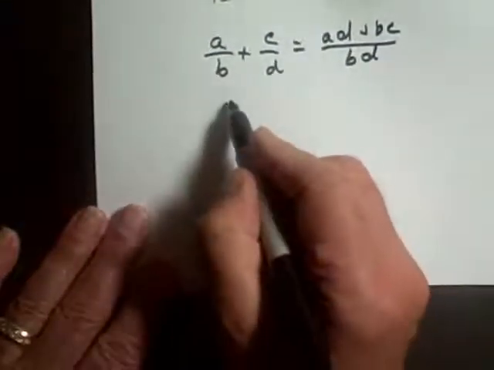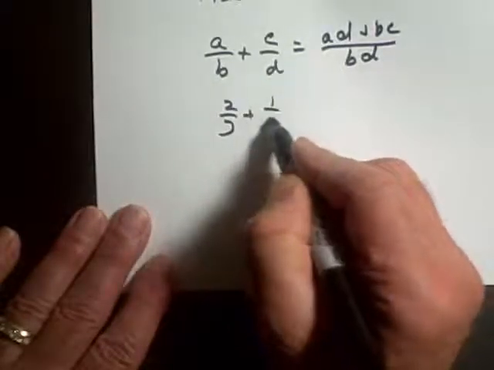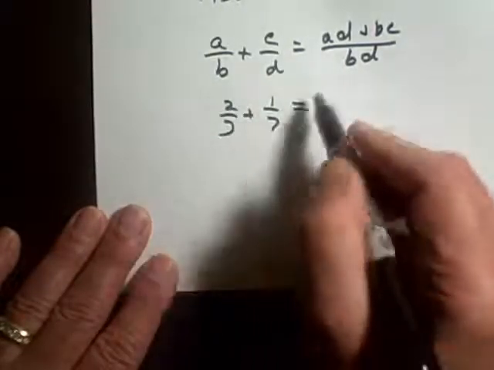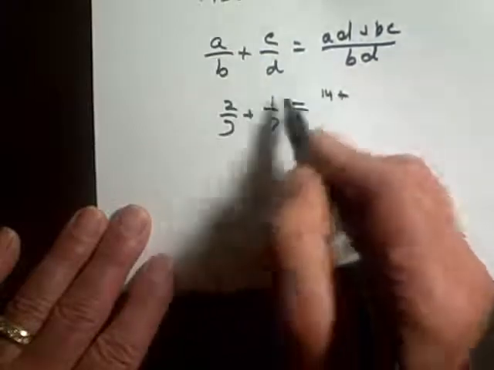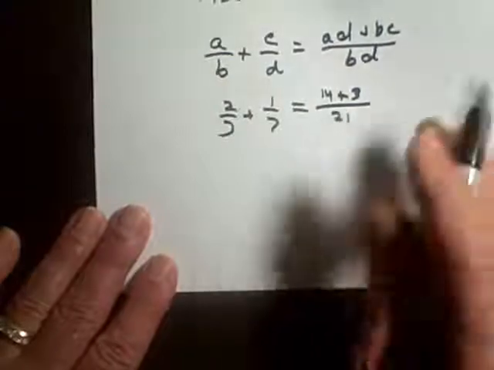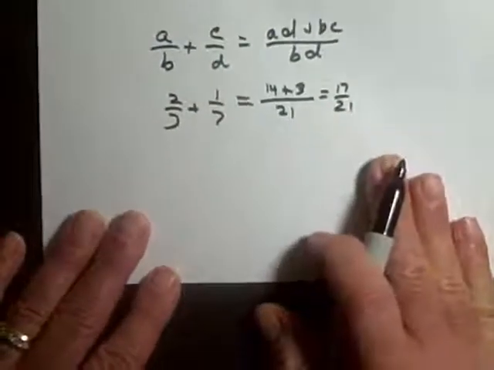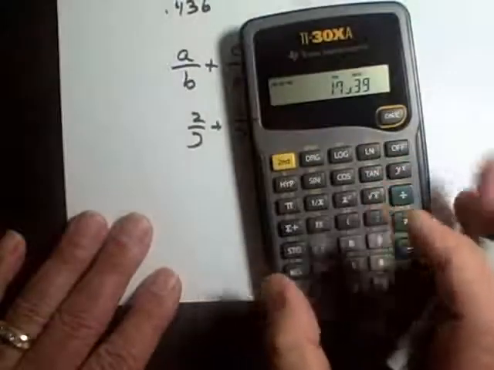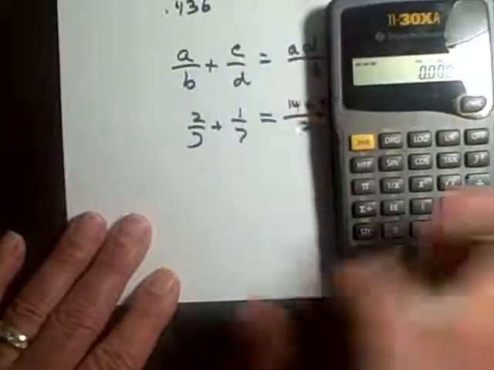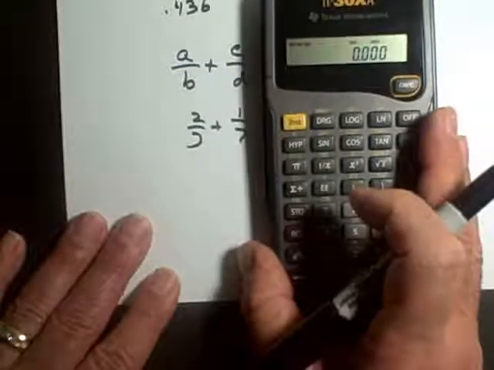So for example, 2/3 added to, let's say, 1/7 would be 2 times 7 is 14, plus 3 times 1 is 3, divided by 3 times 7, which is 21, so that would end up being 17/21. Now, this calculator will let you do that directly, so you don't have to remember this formula to do this calculation. Let's do it ourselves and see what happens.